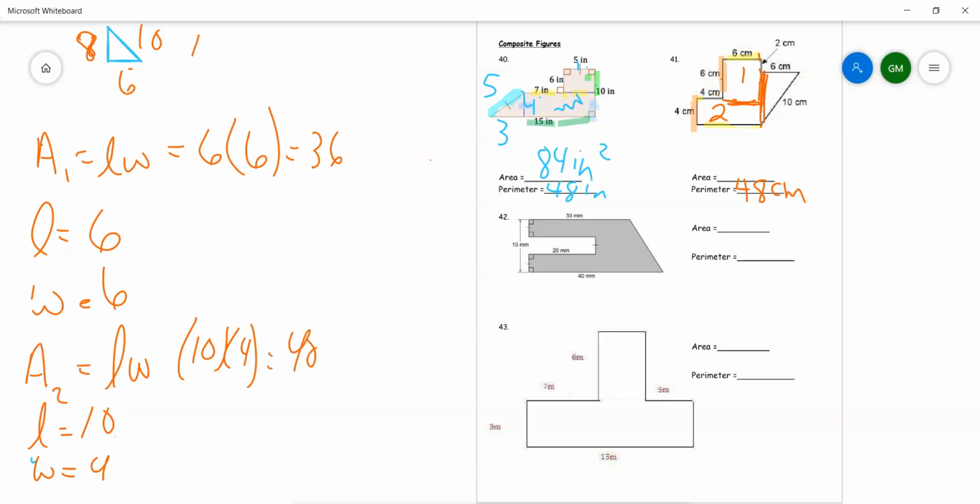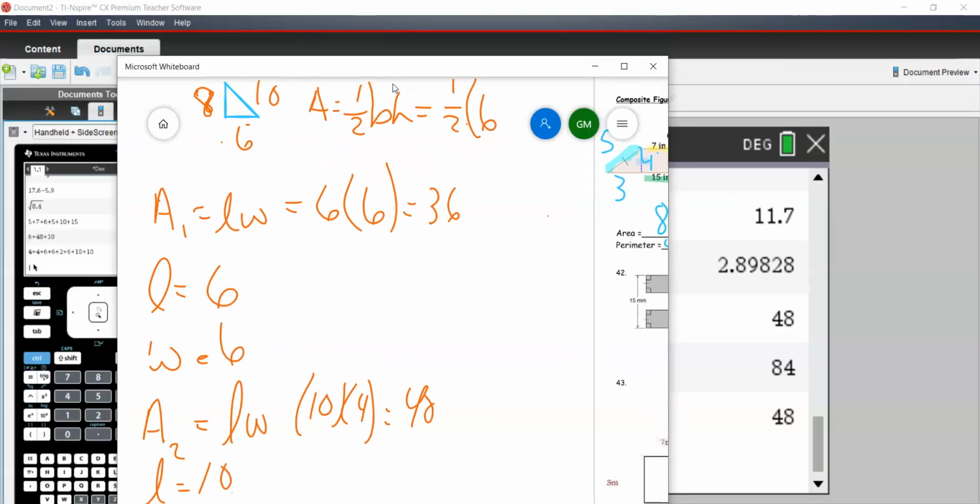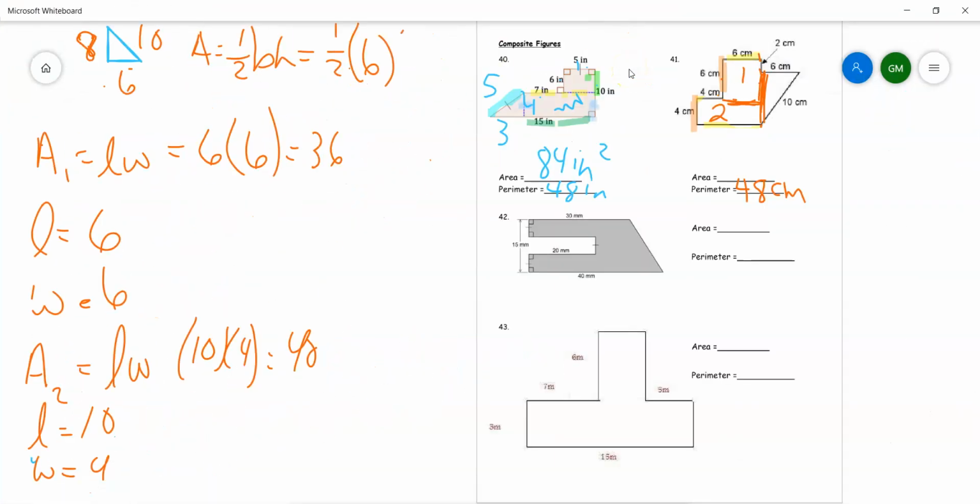And then the triangle is 1/2 base times height. Base is 6. Height is 8.